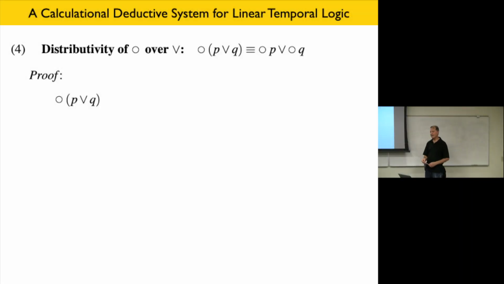Okay. All right, now let's go around the class. Get out your equation sheets. Okay. Distributivity of next over or. This time we're going to start with the left-hand side, get it to the right-hand side. Okay, who wants to start? Somebody out there.